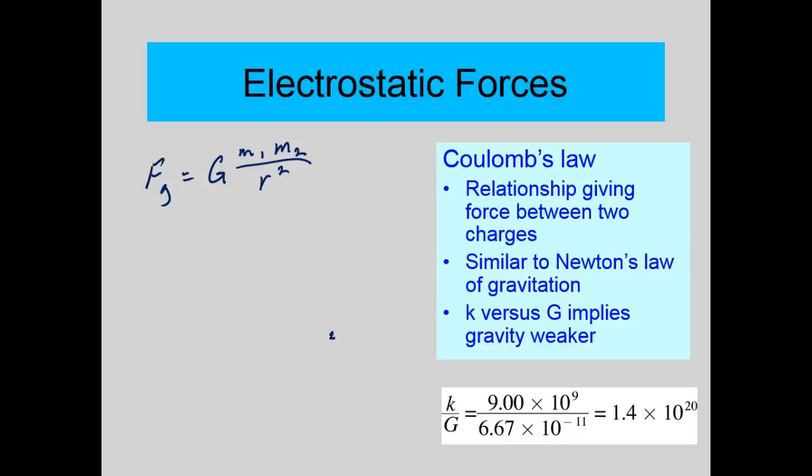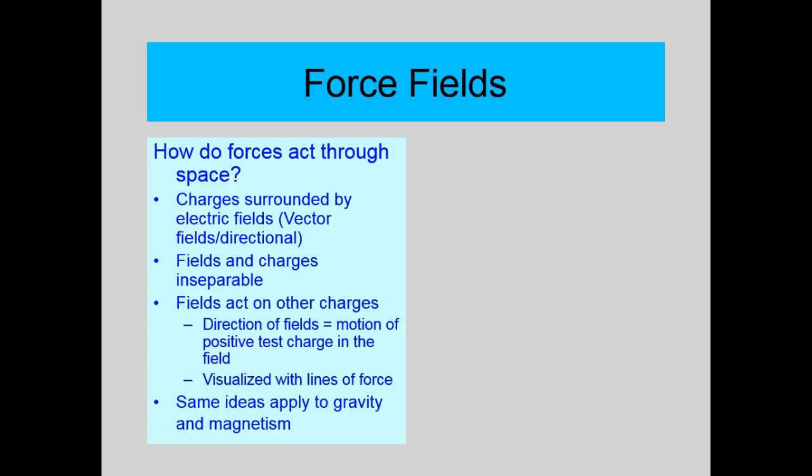K is bigger by tons. 1.4 times 10 to the 20th. That would be 1, 4, 0, comma 0, 0, 0, comma 0, 0, 0, comma 0, 0, 0. 6 sets of 3 zeros. Huge, huge. All right. So there's Coulomb's law.